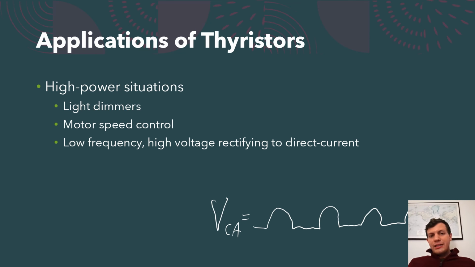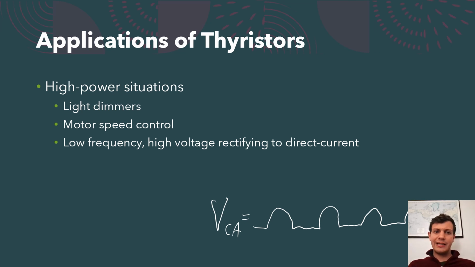For the applications of these thyristors, they're typically used in high power situations, like using mains electricity, or maybe a house 120 volt voltage. They're typically best used at low frequency. They don't have great high switching rates, but they're really good at rectifying direct current because they have this low diffusion capacitance.